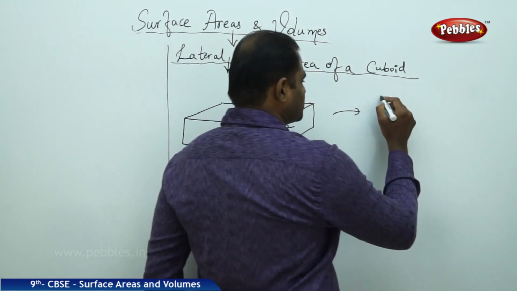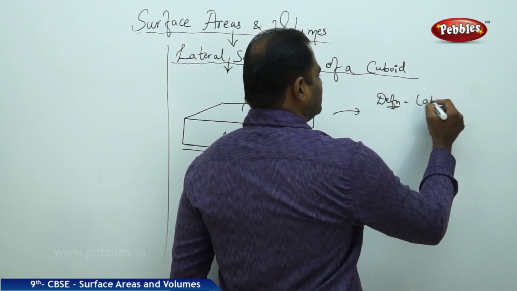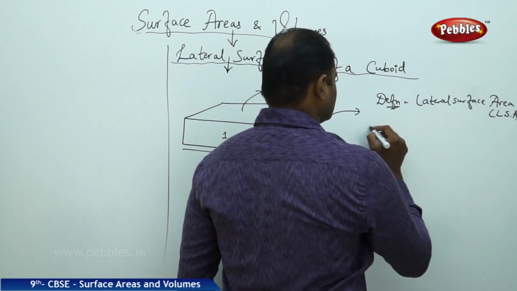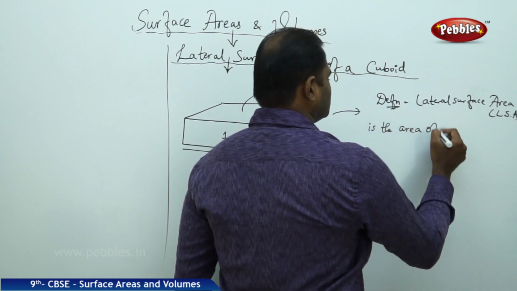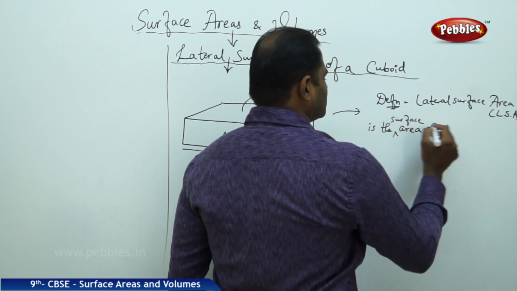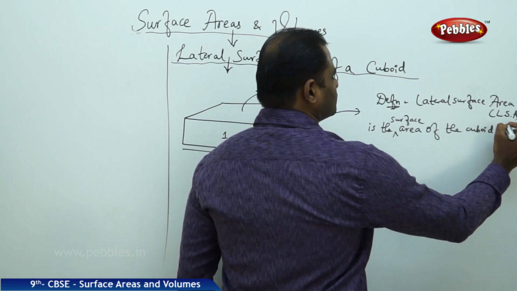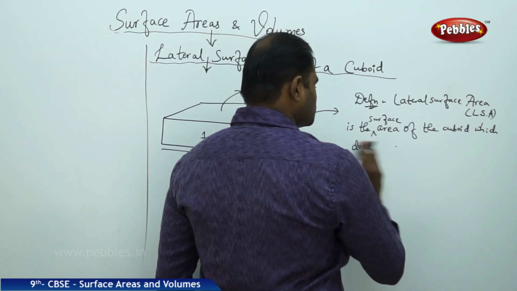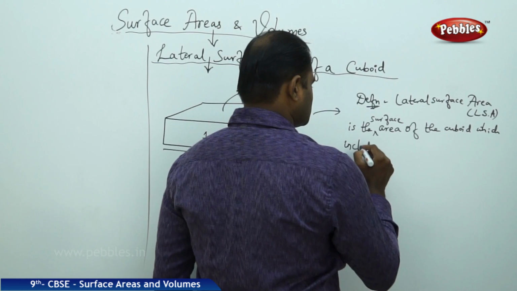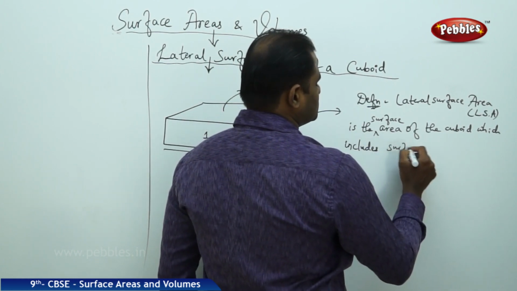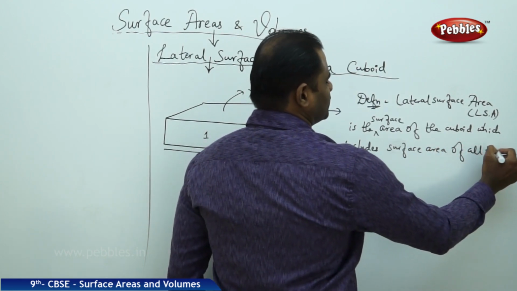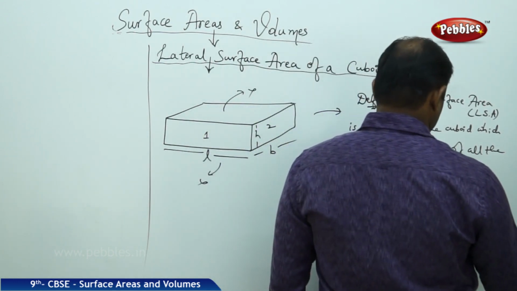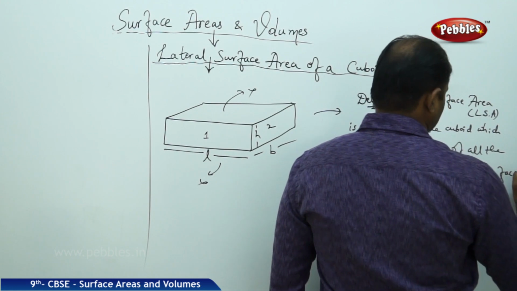So here the definition says lateral surface area, denoted by LSA, is the surface area of the cuboid which includes the surface area of all the faces except the top and bottom faces.